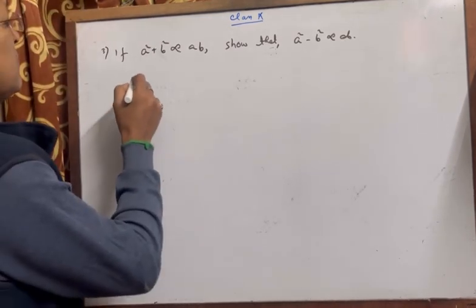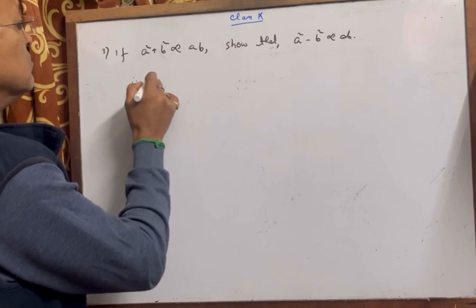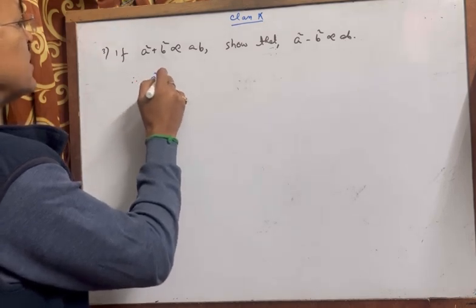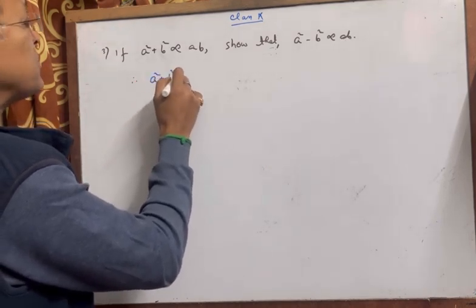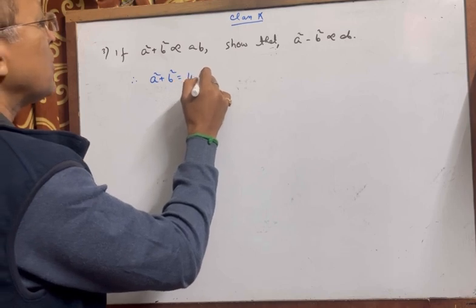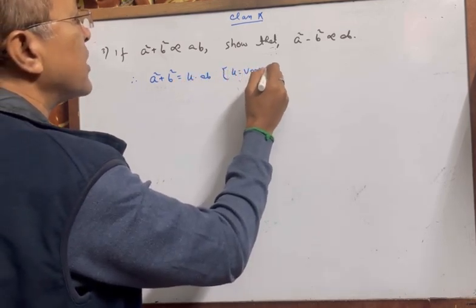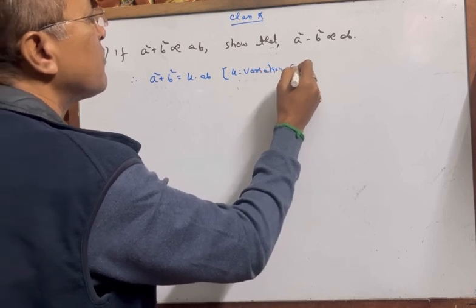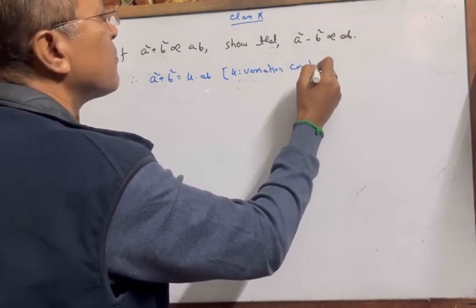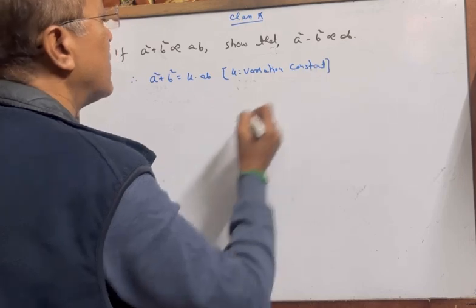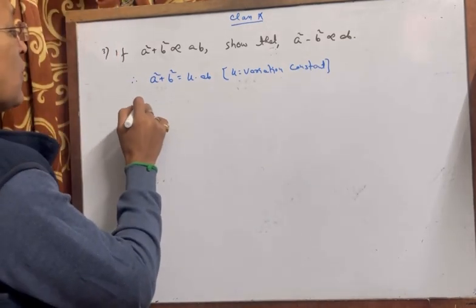Let's see. We can say a square plus b square is equal to kab, where k is variation constant.